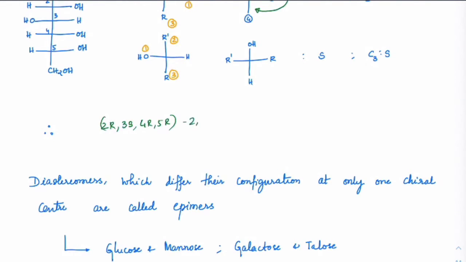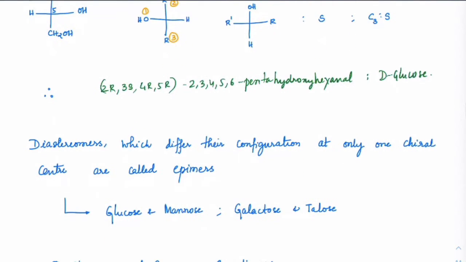With 2, 3, 4, 5, 6 pentahydroxyhexanal, right? So that is this D-glucose, right? So this was asked in JEE, so please remember how it is. Okay, so check out the exact IUPAC name for glucose.